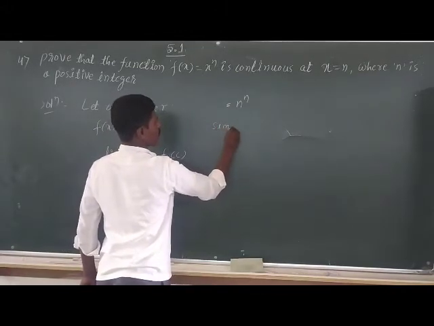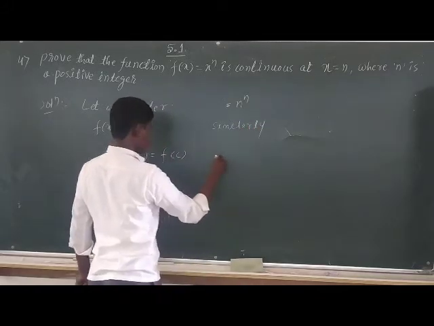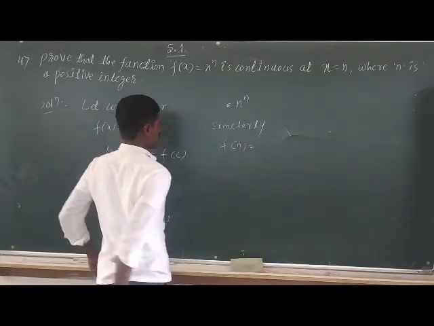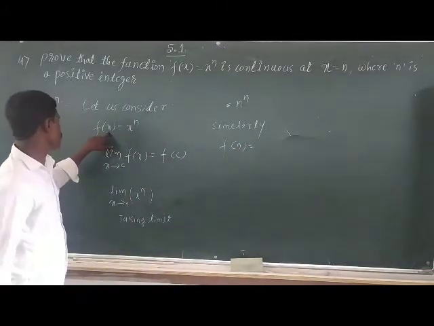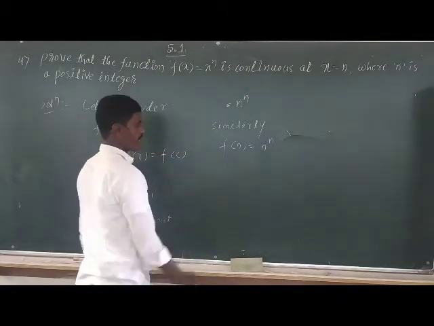Similarly, we have to check f of n. That is nothing but the function with n in place of x. f of n is equal to n raised to n.